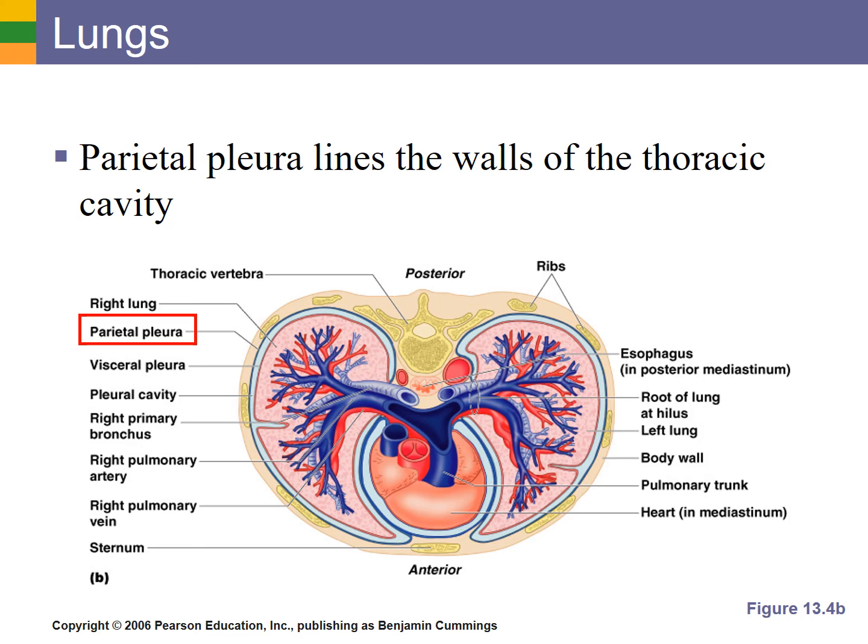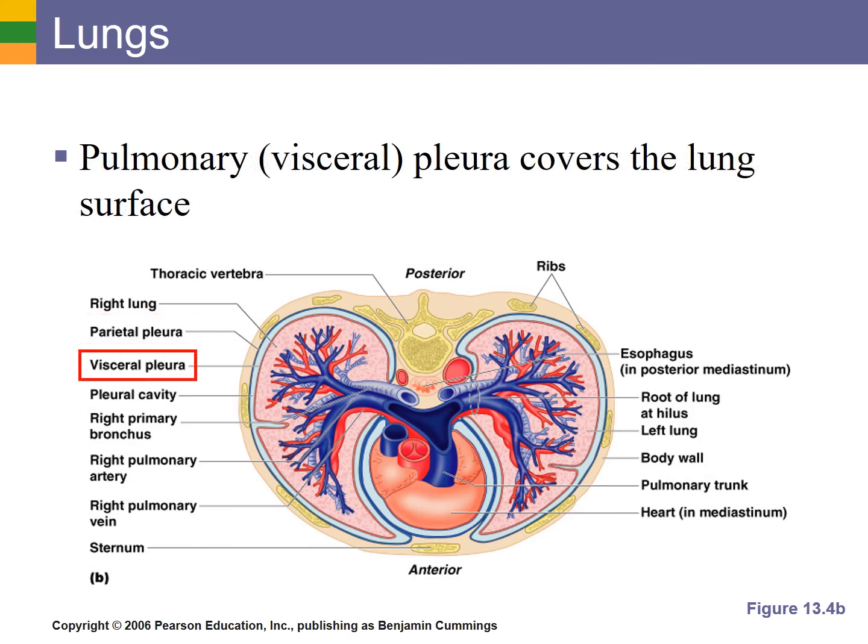And we have two, as is common for serous membranes. The outer is the parietal pleura, and it's shown here in the dark blue, and that's what's actually lining the thoracic cavity. And then attached to the lung itself is the visceral pleura.